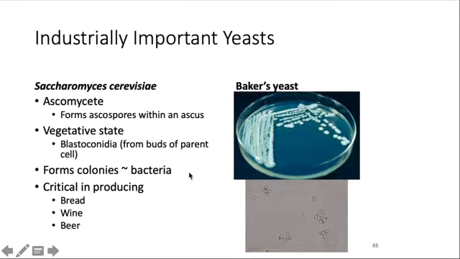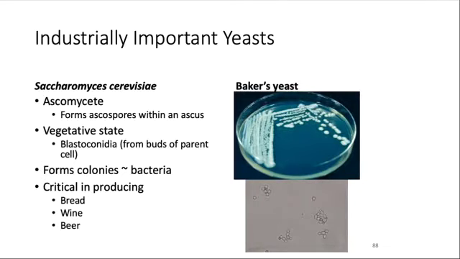Then you have Saccharomyces cerevisiae, which is the baker's yeast. Saccharomyces cerevisiae is an ascomycete. It has a vegetative state. The vegetative state is the state that is used to absorb the nutrients, and you see all the growth taking place.